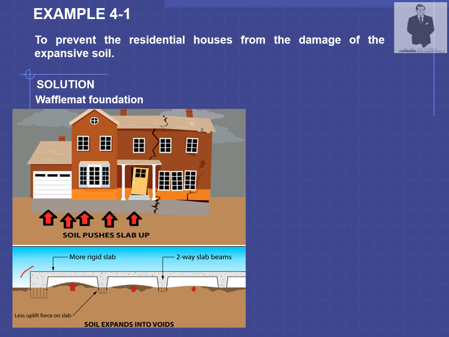Now, it contains waffle boxes as shown here. The idea behind the waffle boxes is that when soil expands, it expands freely into the voids. And the pressure in this way is substantially reduced.